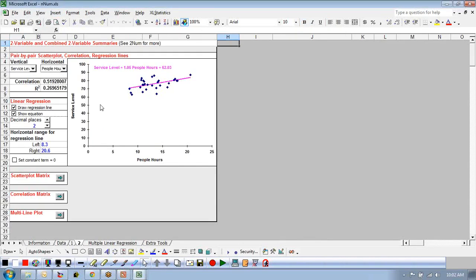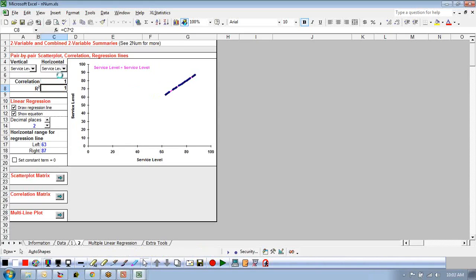You know, there's the picture right there. You can see we got an R-squared of about 27%, which is not all that strong. Now, it did turn out significant. It did turn out to be a significant number when we looked at the p-value, but it wasn't all that strong, and so it's difficult to make predictions from that.